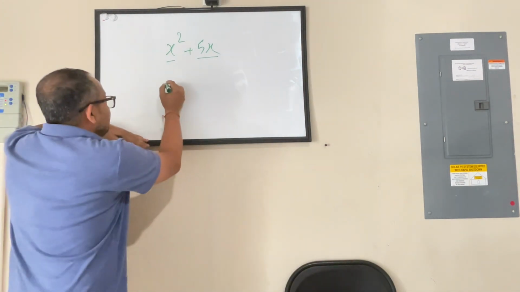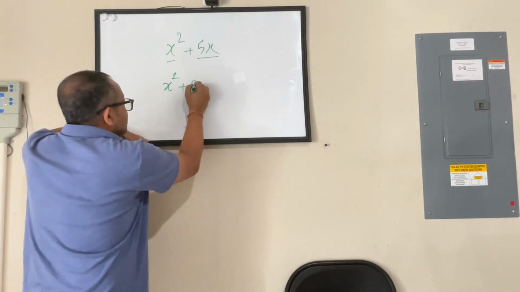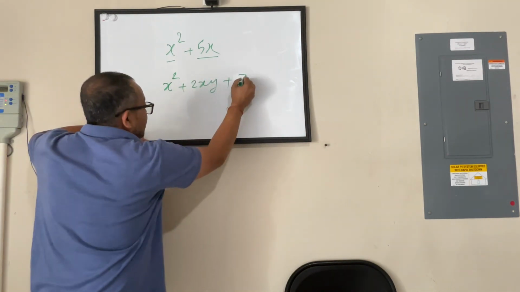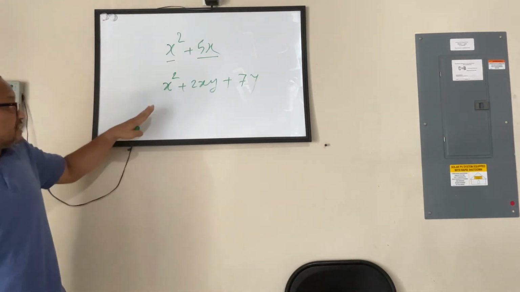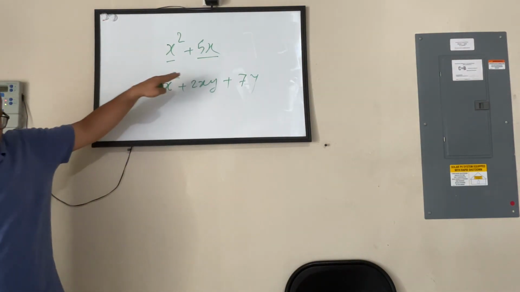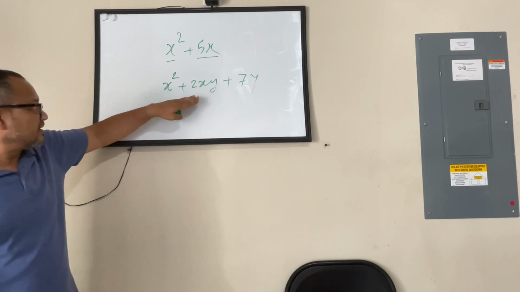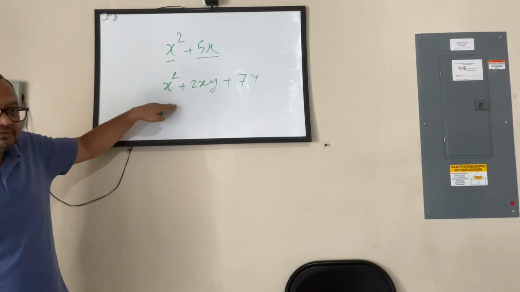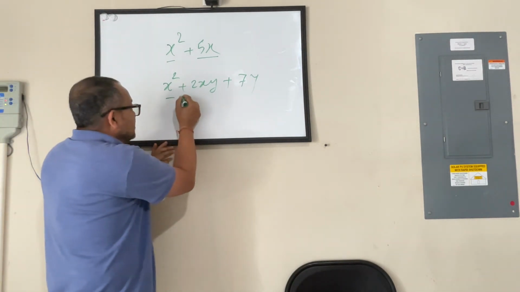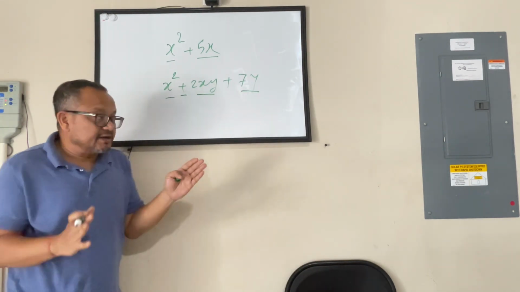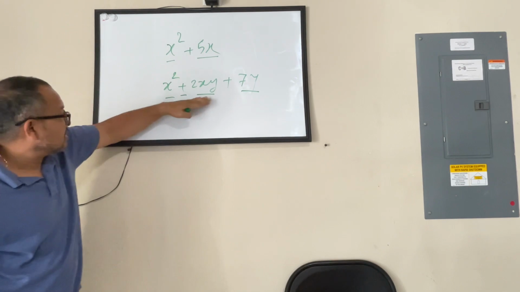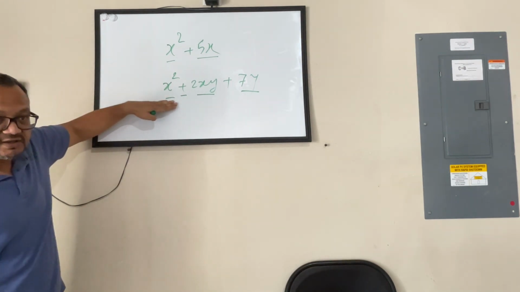If I write an expression like x squared plus 2xy plus 7y, this is a function with 2 variables with 3 terms. So between the operations, if you take out the operands, how many separate things are you dealing with?